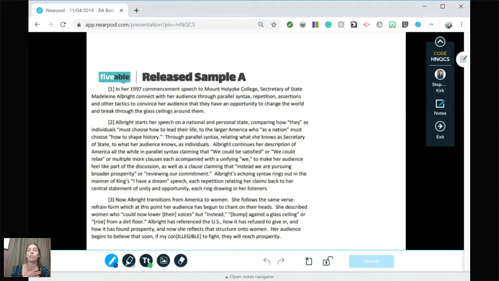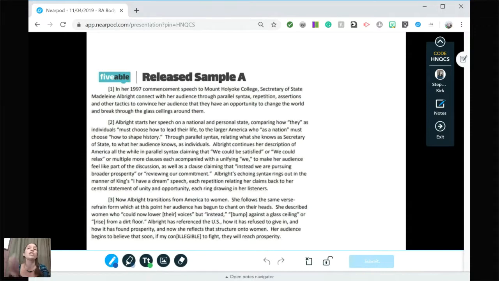I actually advise my students to build the counterclaim in through the body paragraphs. So for example, you might start with a sentence something like, although, and then put your counter and then give your explanation there, okay?